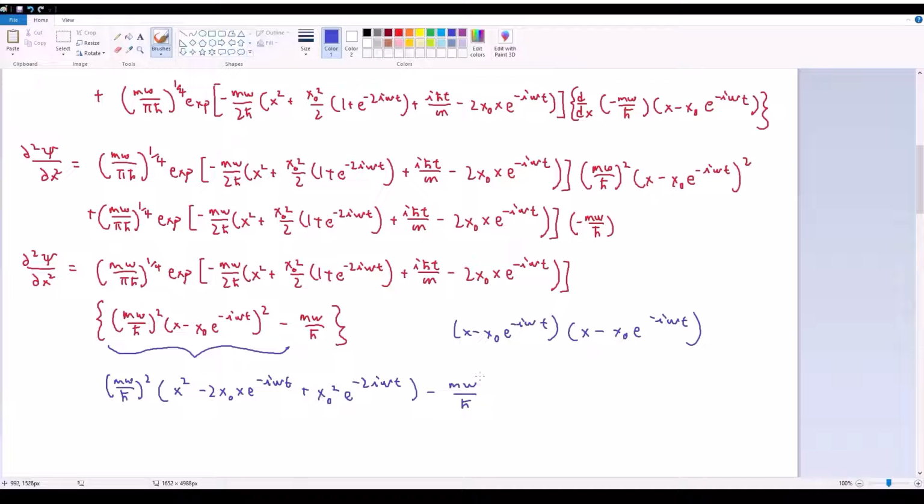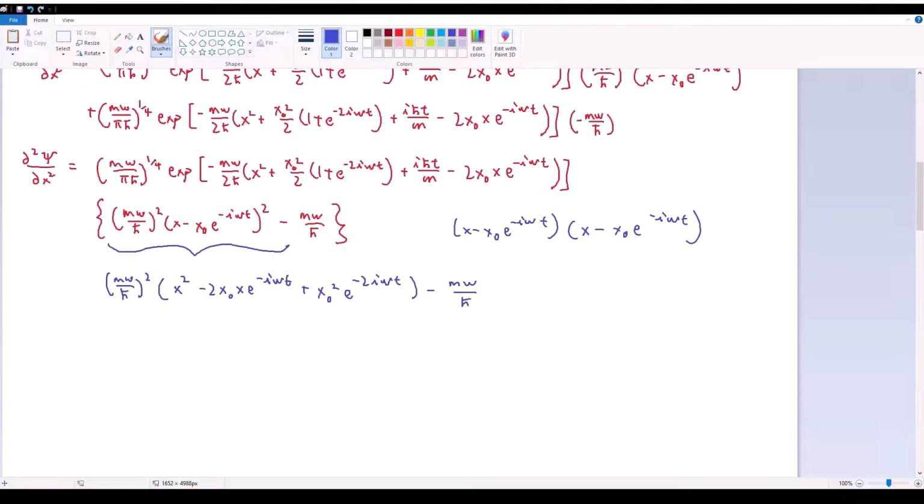And let's see, I might be able to rearrange this a little bit. Yeah, I can rearrange this just to move up the constants to the front.